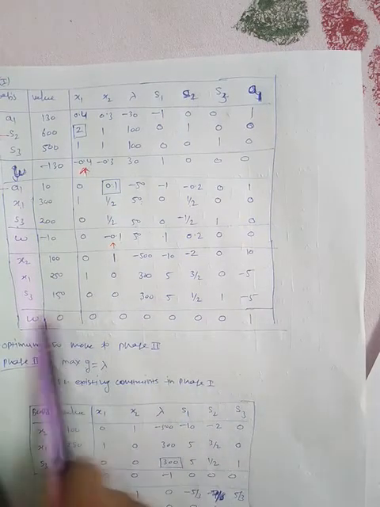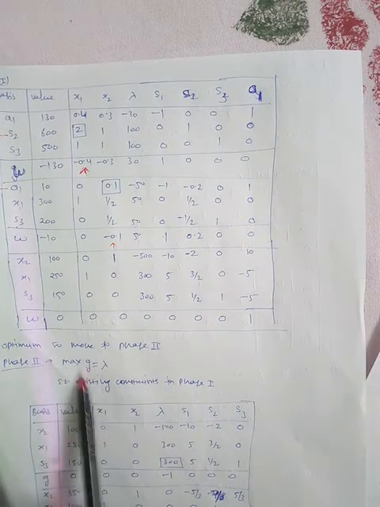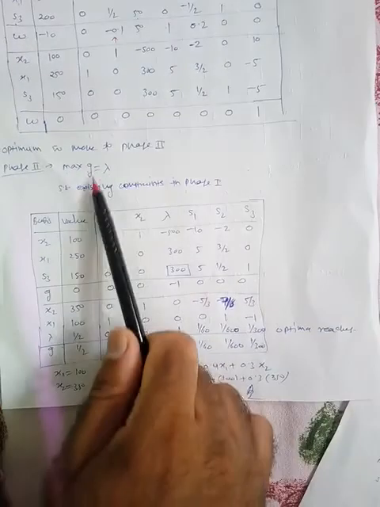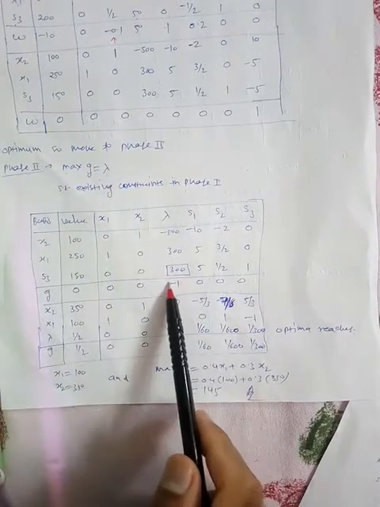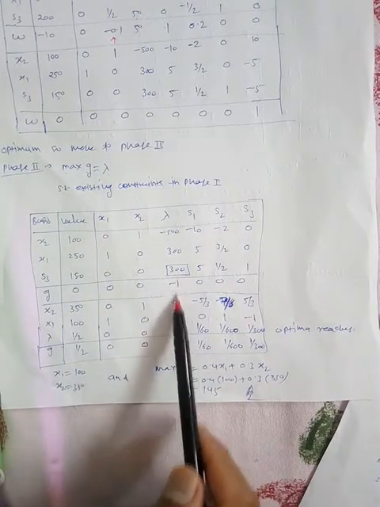In place of the W row we use the actual G row. So it is the same except the A1 column, which has been deleted. Maximum G is lambda, that means the coefficient of lambda is -1.